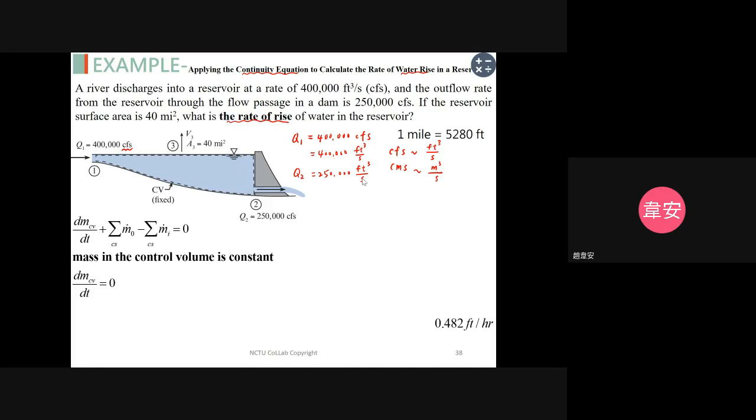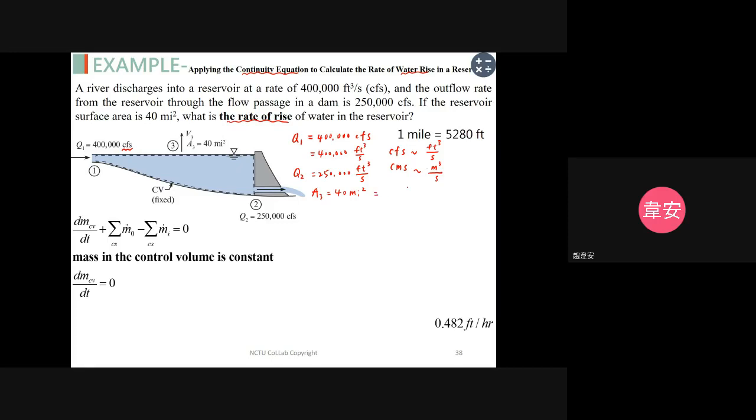And we also know the reservoir surface area, labeled A3, is 40 square miles. And we know that 1 mile is equal to 5280 ft.